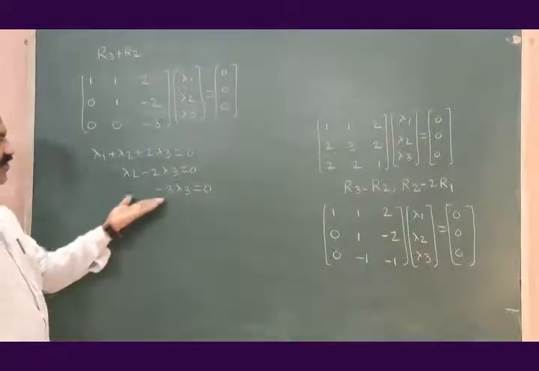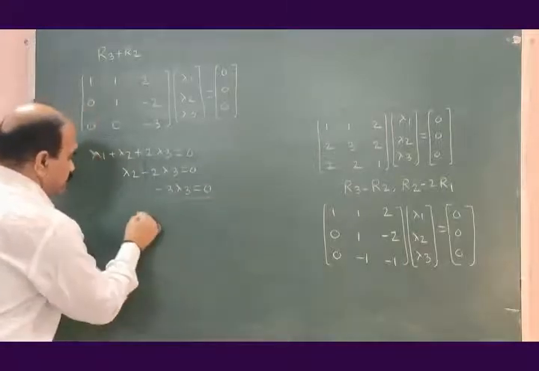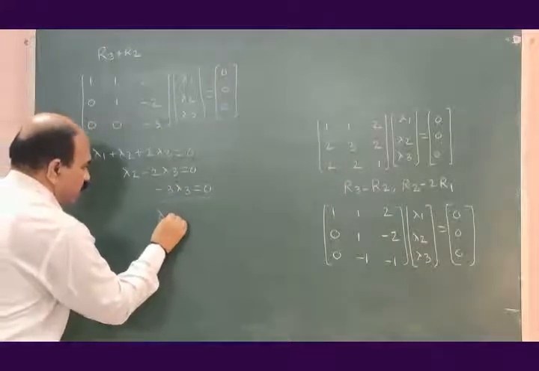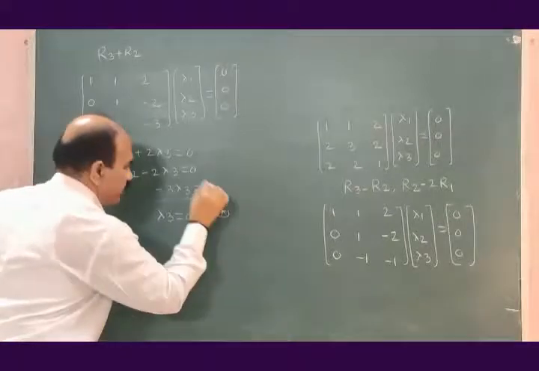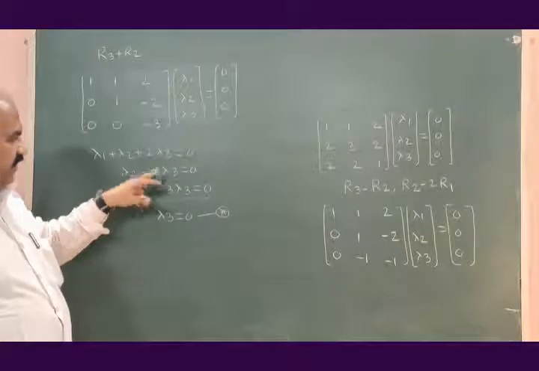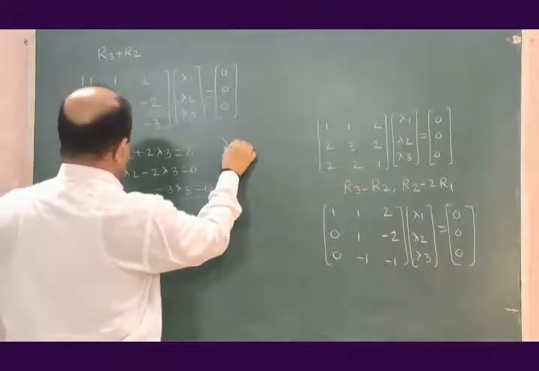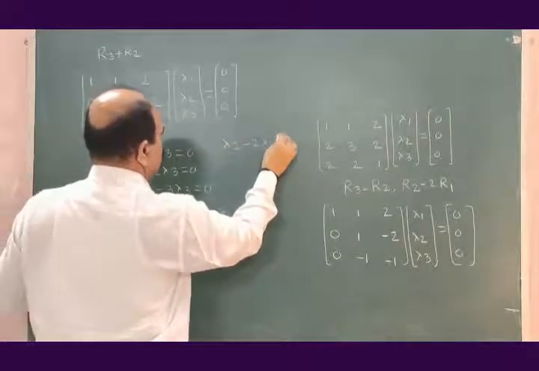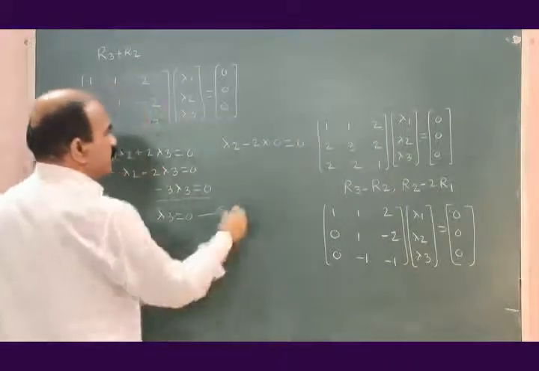Now let us consider this equation first. Minus 3 can be sent to this side, so we will have lambda 3 is equal to 0. Let us put this value of lambda 3 in this equation. So lambda 2 minus 2 into 0 is equal to 0.